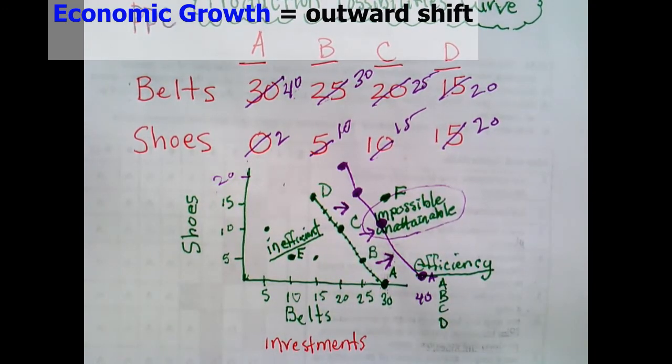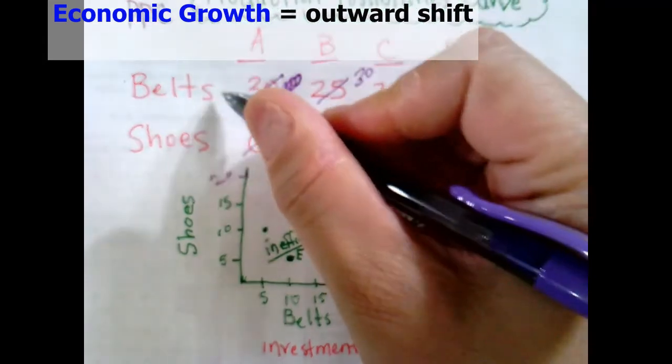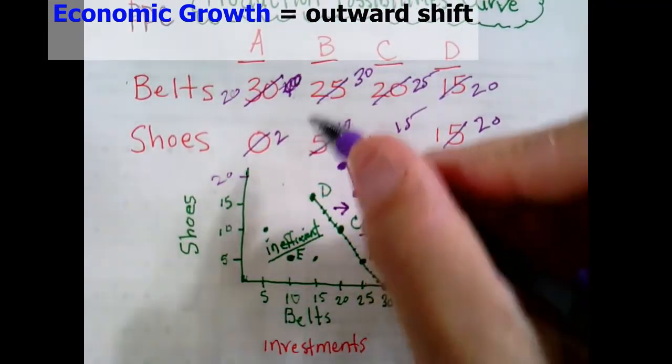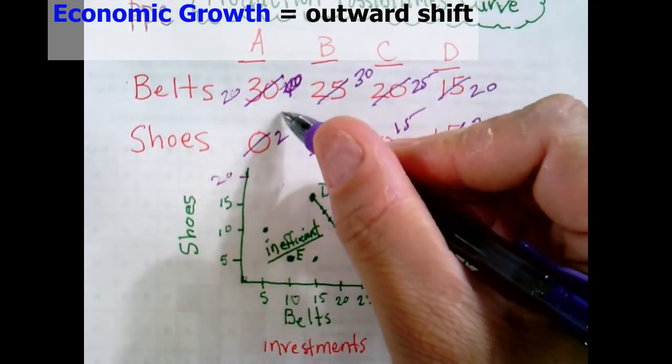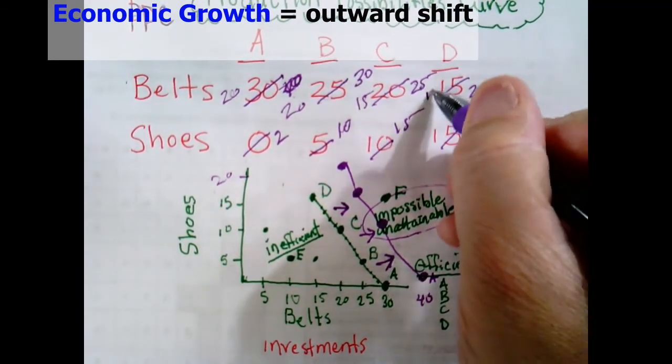Now, what would happen if we had a natural disaster and the United States resources dried up? The resource well dried up. Instead of having 40 here or 30, we might have 20, right? And instead of 30 or 25, it might be 20. This might be 15. This might be 10.